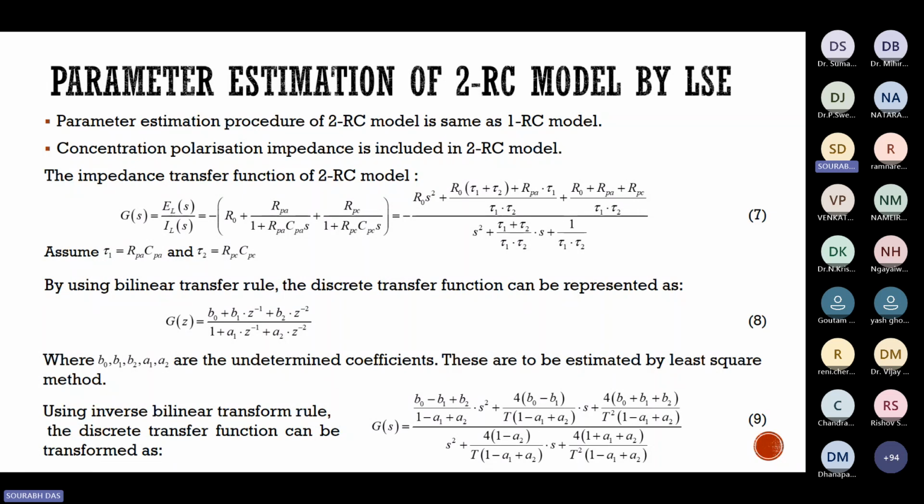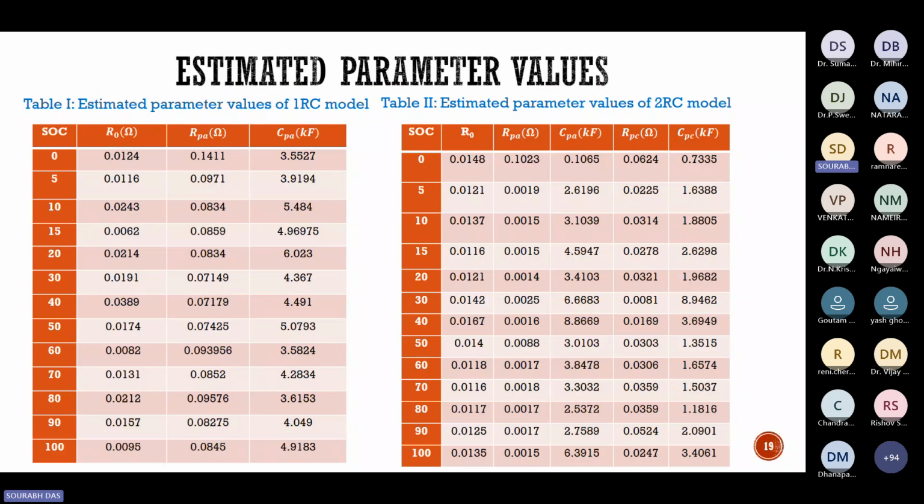Using the bilinear transform rule and again the inverse bilinear transform rule, we can get all the parameters of the ECM. These are the estimated parameter values.